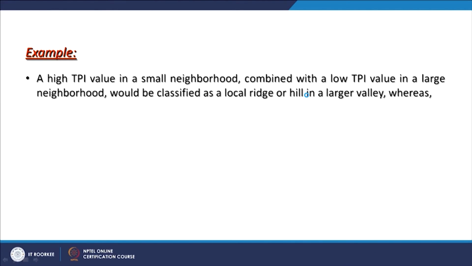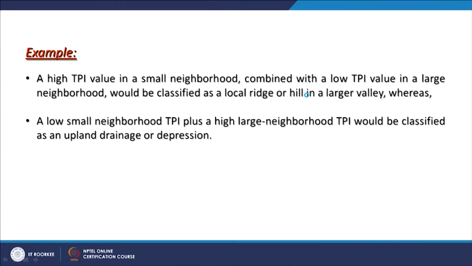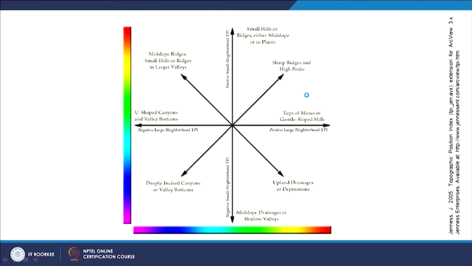A high TPI value in a small neighborhood combined with a low TPI value in a large neighborhood would be classified as a local ridge or hill in a larger valley area. Whereas the reverse of this, a low small neighborhood TPI plus a high large neighborhood TPI, would be classified as an upland drainage or depression.